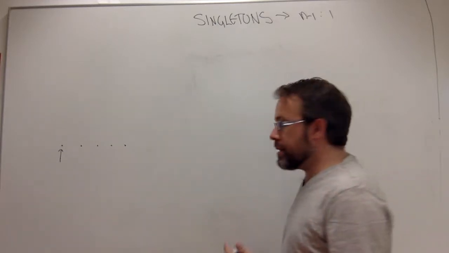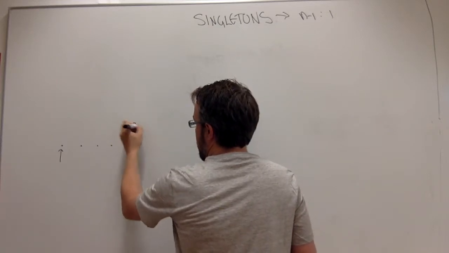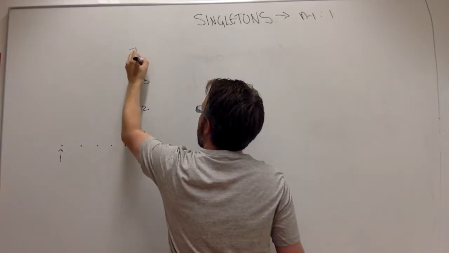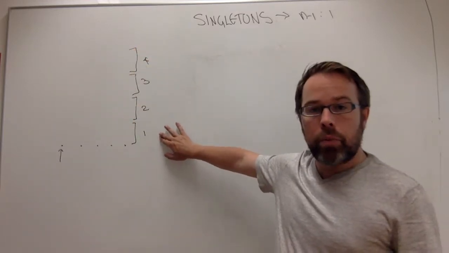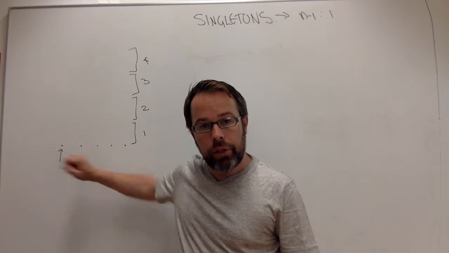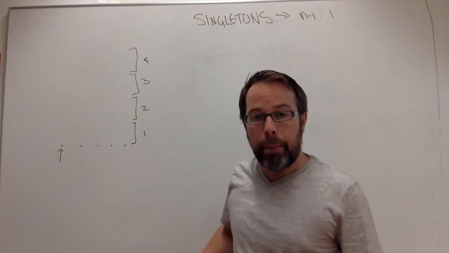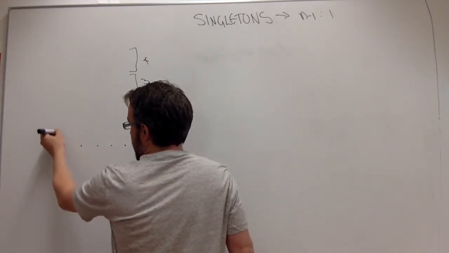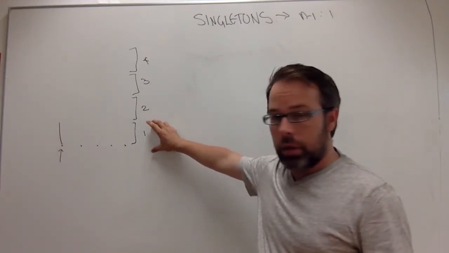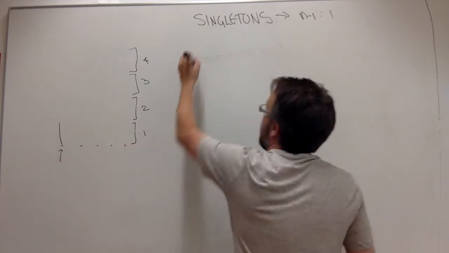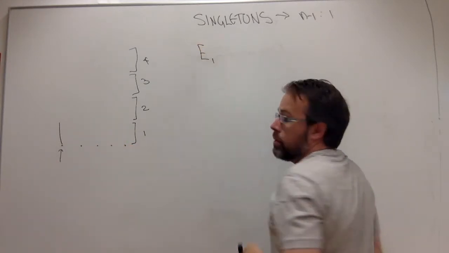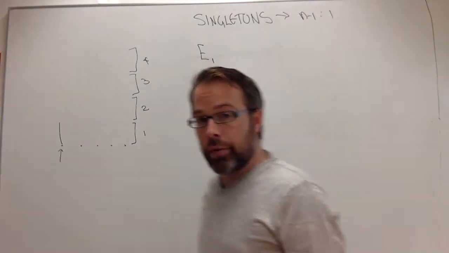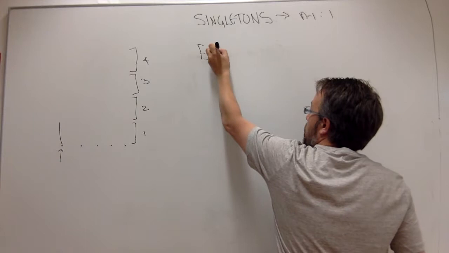The way we can set this up is to look at our different intervals and generate the expected number of singletons that our focal individual has in each. So for the first interval, we'll call the expected number of mutations for our individual of interest E1.